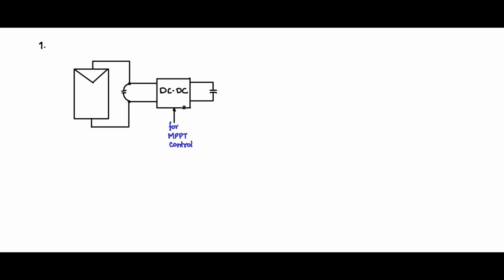Up to this portion we know, and this DC-DC converter can be any DC-DC converter, either non-isolated or isolated, which will appropriately do the matching of the load line to the PV terminals in such a way that maximum power is drawn from the PV. The output of this DC-DC converter is given to input of another DC-DC converter.